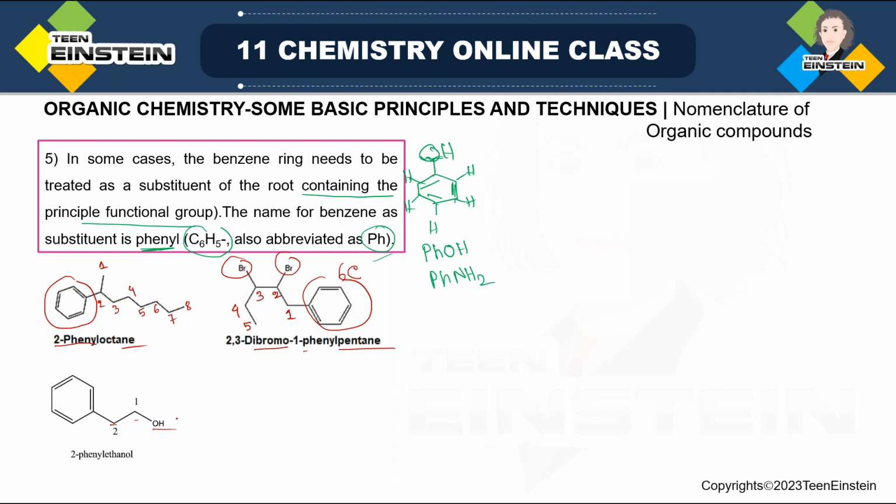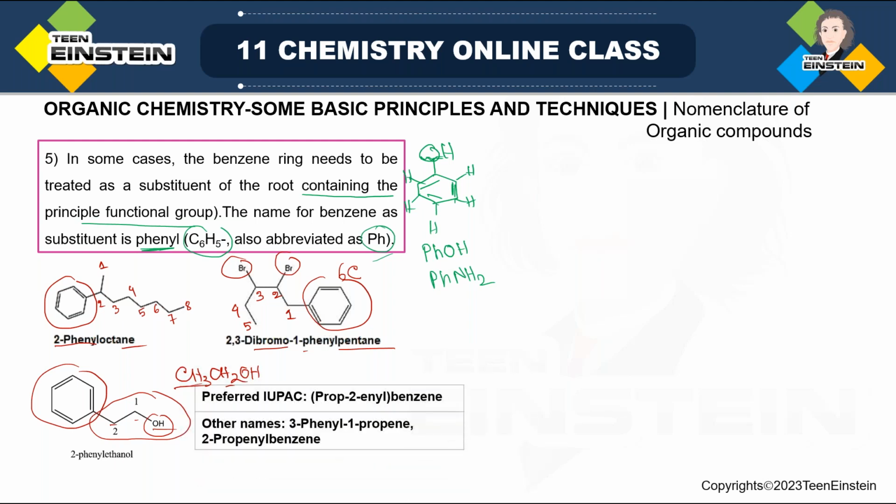But though it is 2 carbons, as there is a functional group OH present, preference is given to this 2 carbon chain, as if this is the main compound and the benzene is treated as a substituent. So the name is 2-phenylethanol. It is a derivative of ethanol, which is CH3CH2OH. Though it is a 2 carbon chain lesser than 6, because of the presence of OH, we are using the name 2-phenylethanol.